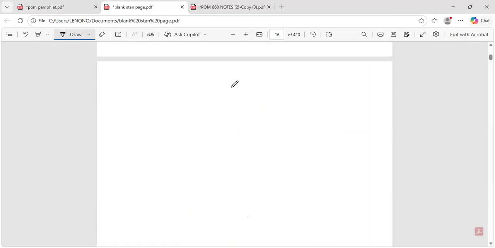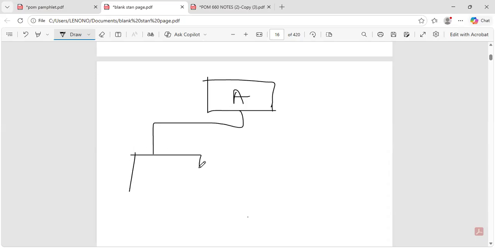Product A consists of a base and a casting.